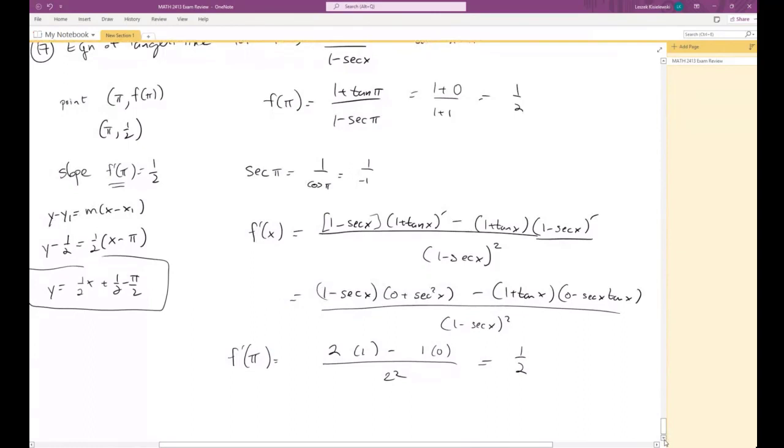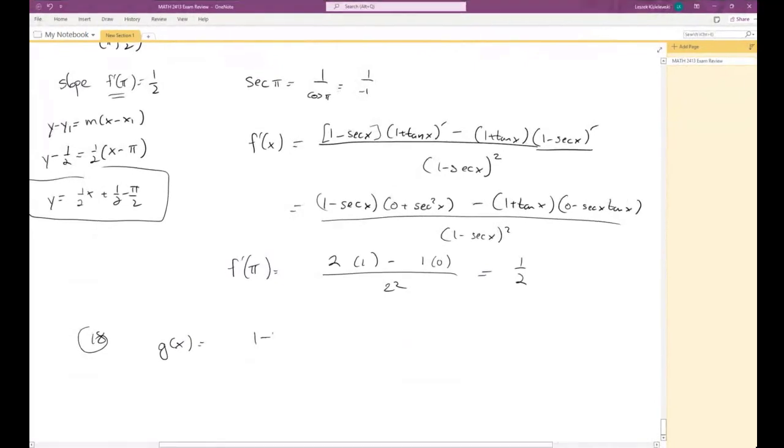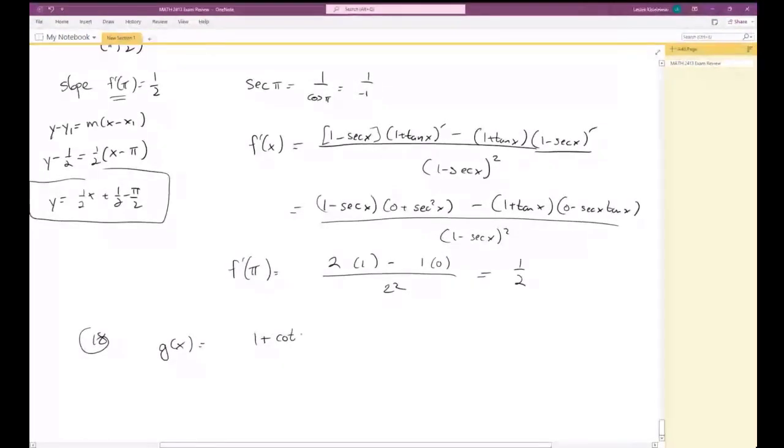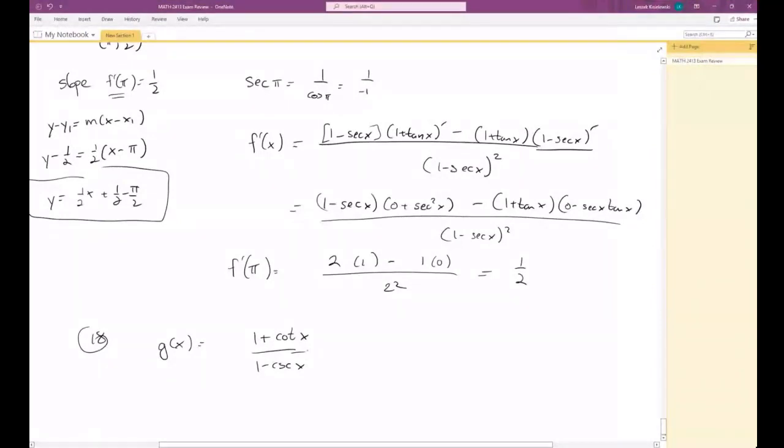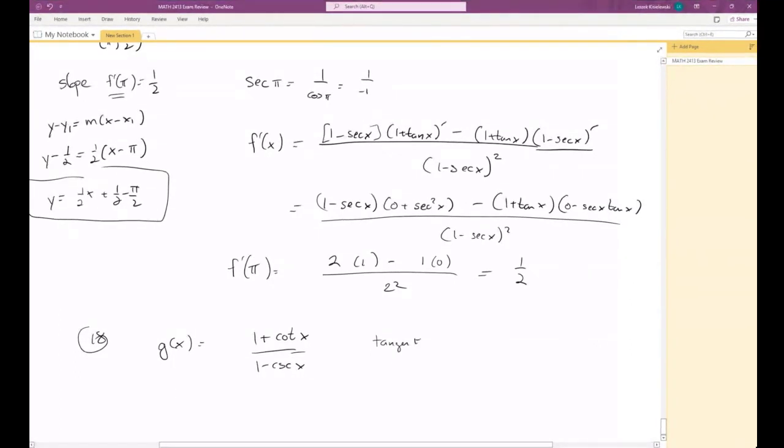And maybe for practice, I won't do it, but maybe you want to try instead of tangent and secant, working with cotangent and cosecant. Similar problem. Find the equation of the tangent line at x. Well, it can't be pi, can it?